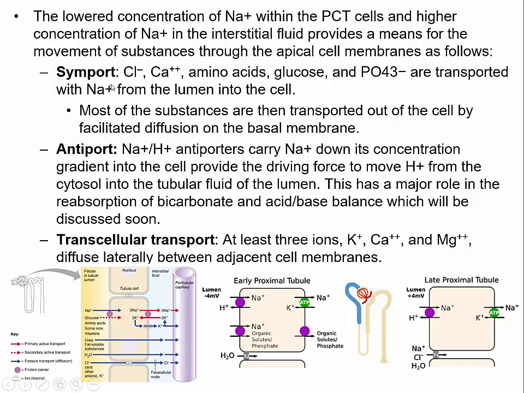You have symport transport processes, antiport transport processes, and also transcellular transport in the proximal convoluted tubule. With the symport, chloride ions, calcium ions, amino acids, glucose, and phosphate are transported with sodium from the lumen into the cell.